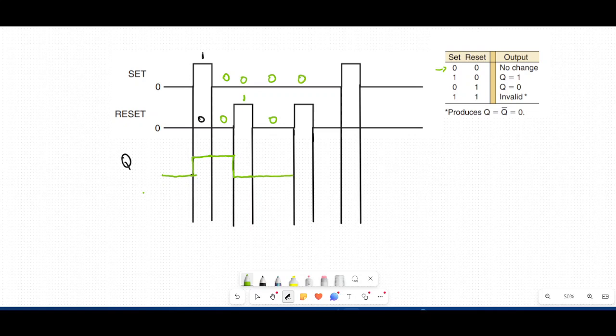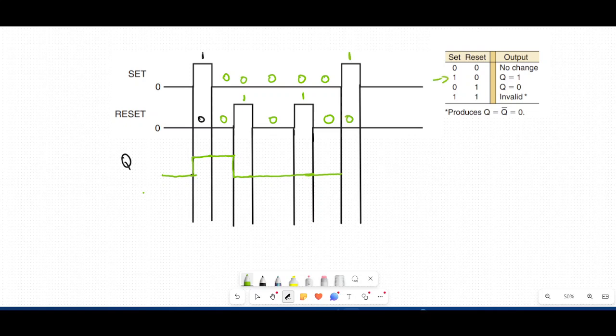Next here, we see set is 0, reset is 1. You can see it at this point. Q will remain 0. Next, at this point, set is 0, reset is 0. There's no change. Now at this point, set becomes 1, reset becomes 0.